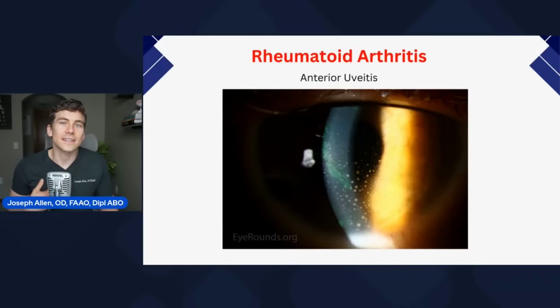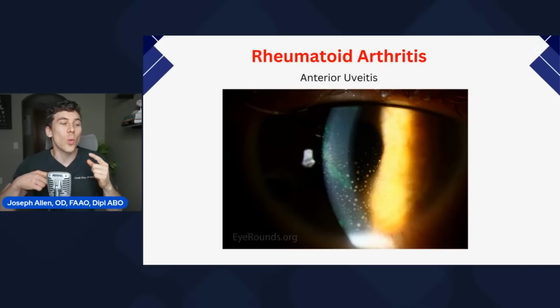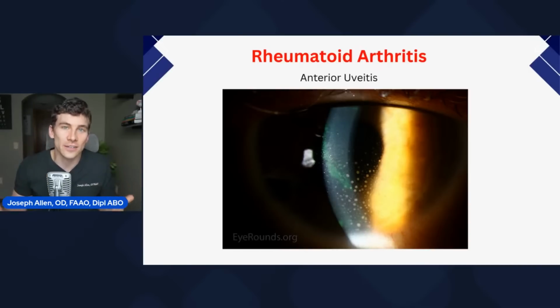A uveitis is a pretty severe form of inflammation inside the eye. If somebody has a uveitis, and maybe you've had one, this is where your eye becomes red, becomes very light sensitive, your vision can become blurry, and it's like having a headache in the eye. That's an easy way to think about it. But when we are examining the eye, one thing that you see in this photo is white blood cells inside of the eye.